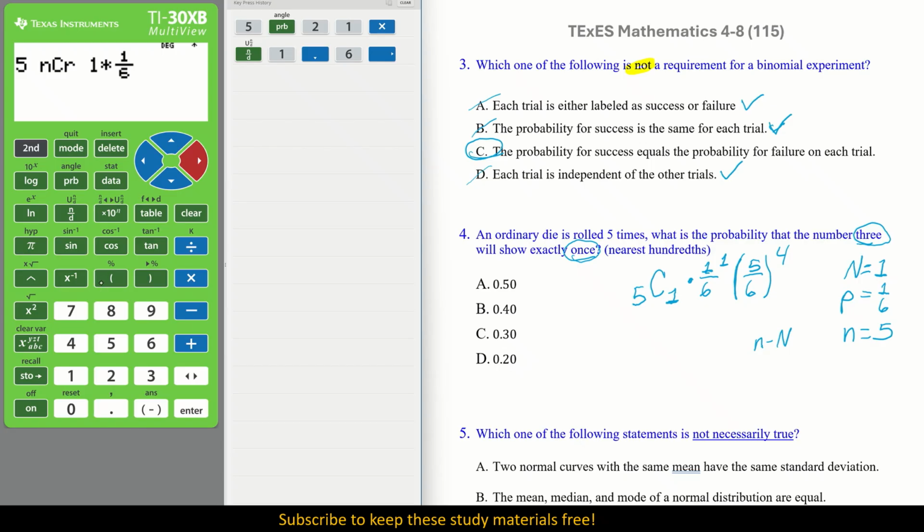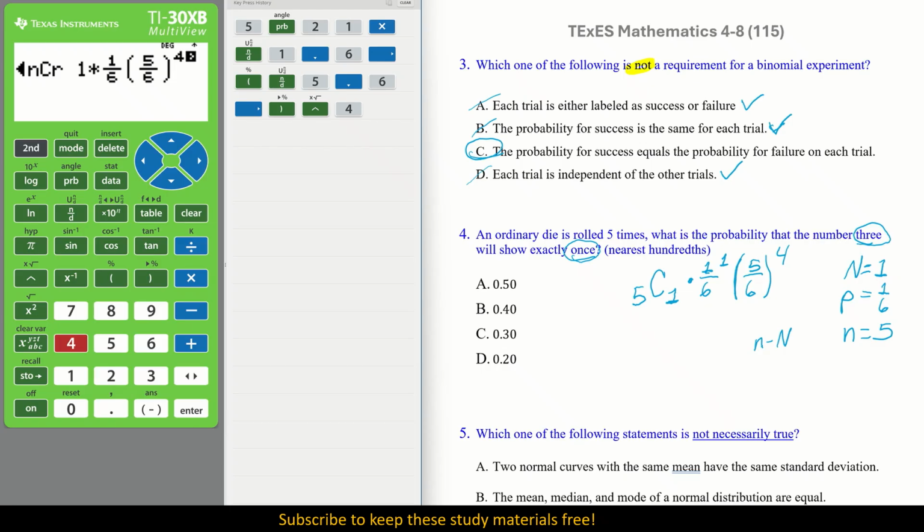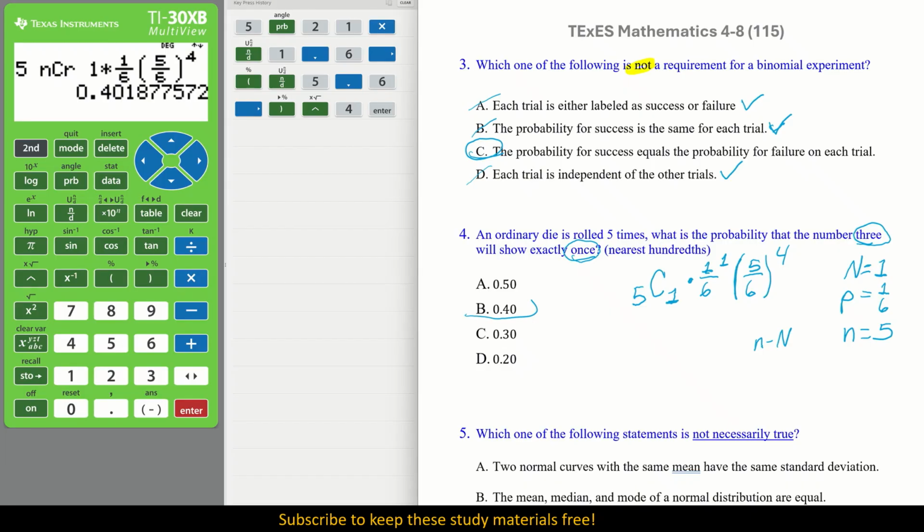Then we need our parentheses and our fraction 5 out of 6. Arrow all the way over, close your parentheses, and now you need caret up 4. Let's push enter and see what that gives us. The way that they've rounded, it would be option B. Actually, the others aren't even close.